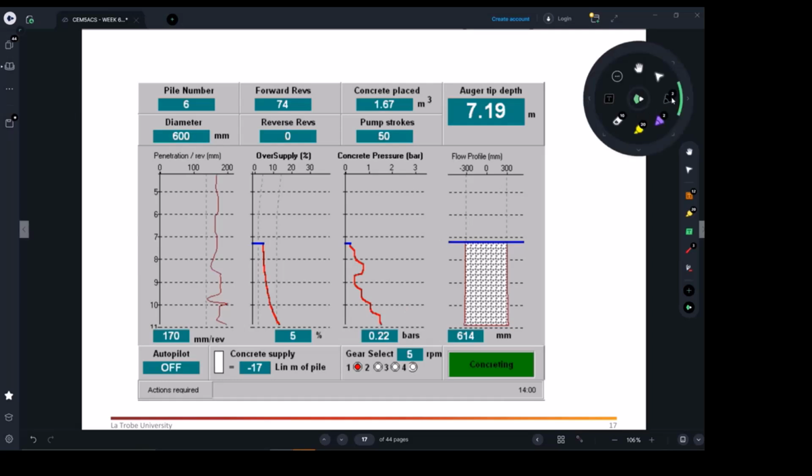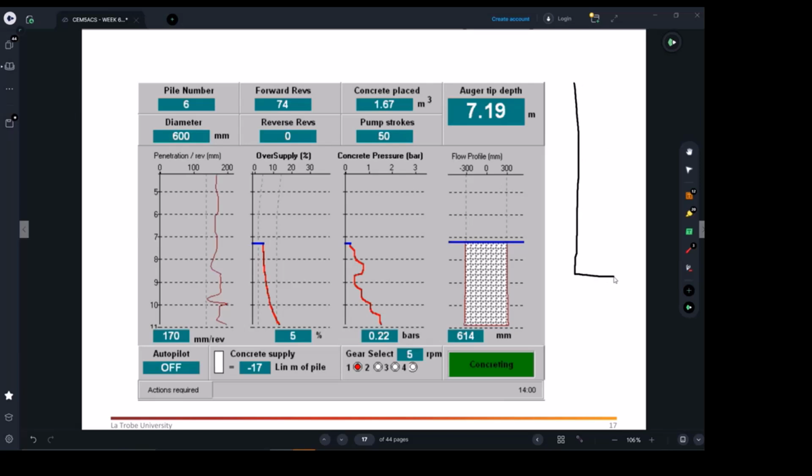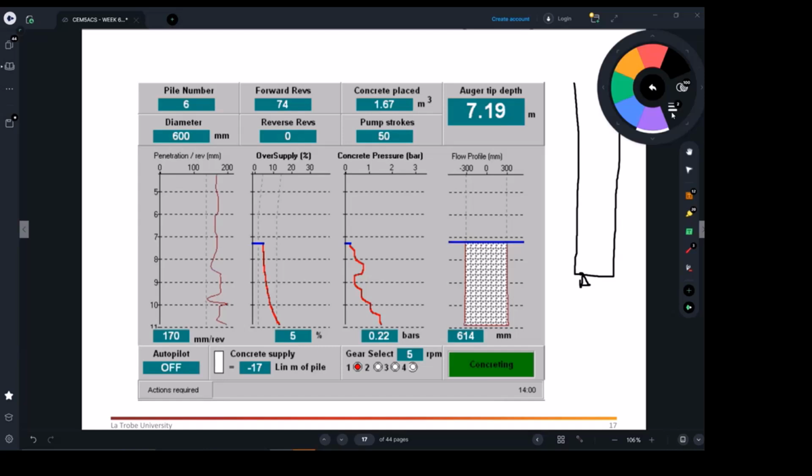So if I just give you a sketch here, if this is the pile, that's the depth, the design depth at the bottom. I will make the concrete with the blue. So you're pouring the concrete up to here, for example.